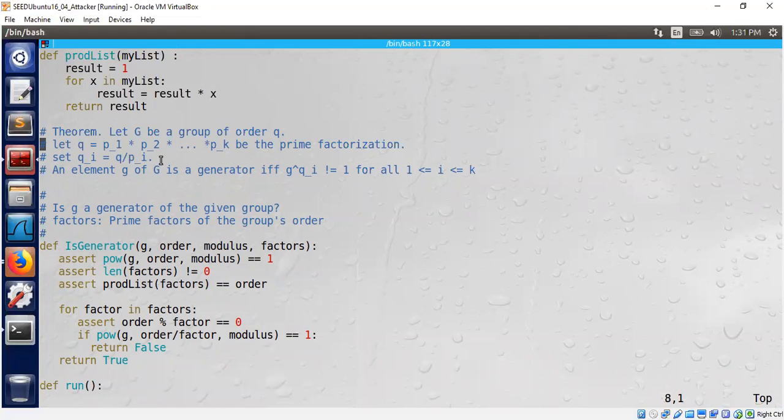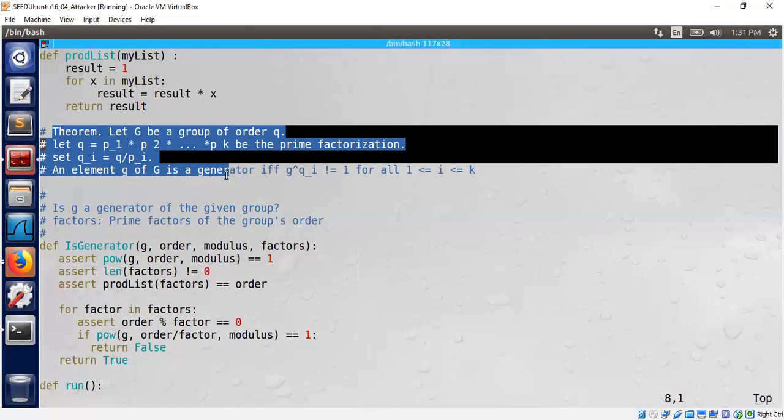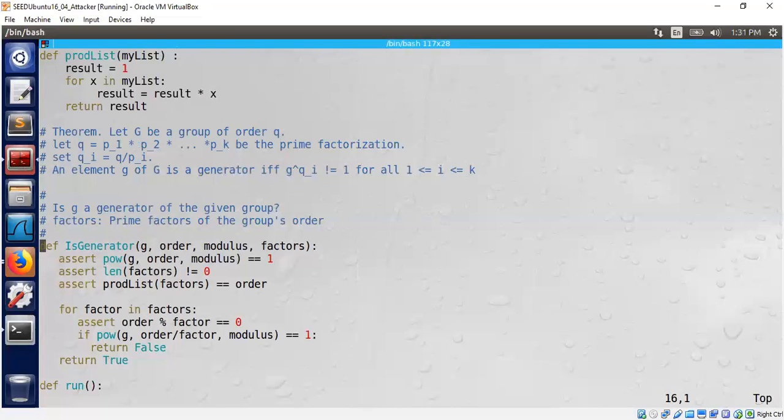In his theorem, he says the order of the group is divisible by the order of the subgroups. That's basically the core of the proof. I'm not going to show you the proof for this, but that's essentially the idea built into this theorem. And equivalently, the Python program does basically this.